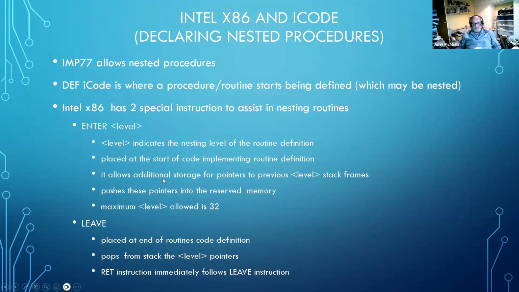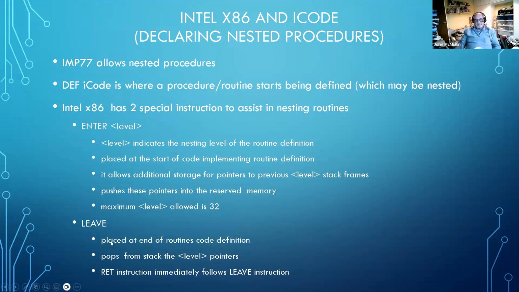It places additional storage space for pointers to the previous stack frames, which is critical. And it would be used, if you were doing a Pascal compiler, it would need something similar. So you have to have the stack frames put into memory. Unfortunately, the maximum level allowed is 32, so you can only do 32 deep nested functions, which, if you've got something that's that complex, I think you need to rewrite the code.